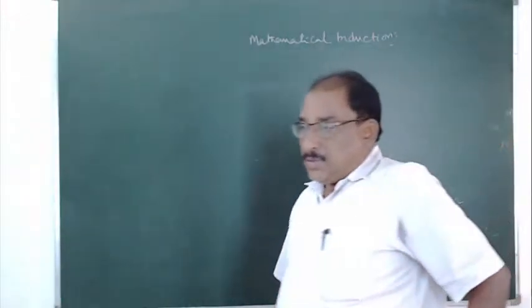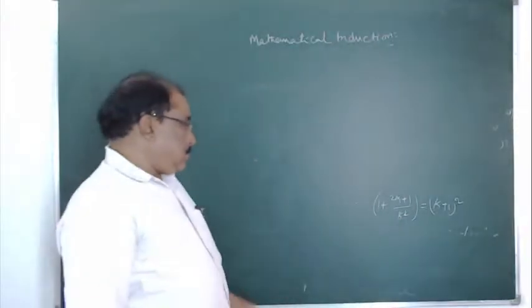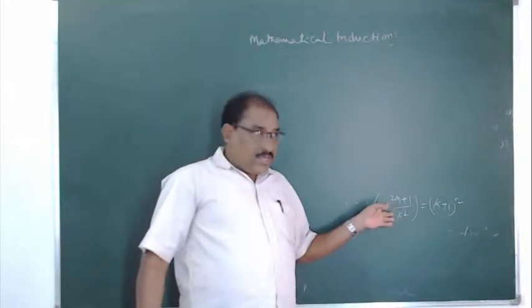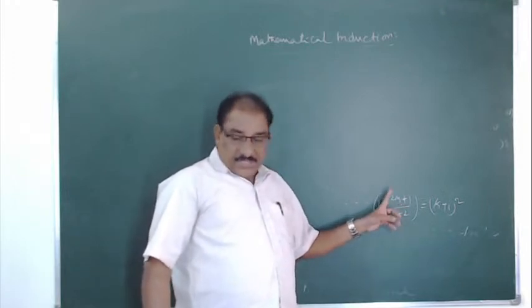First of all, we find the (k plus 1)th term. We have the kth term as 1 plus (2k plus 1) by k square. This is the kth term.